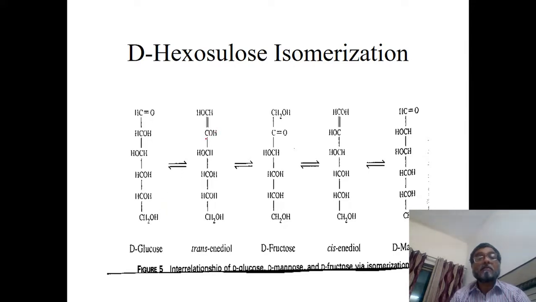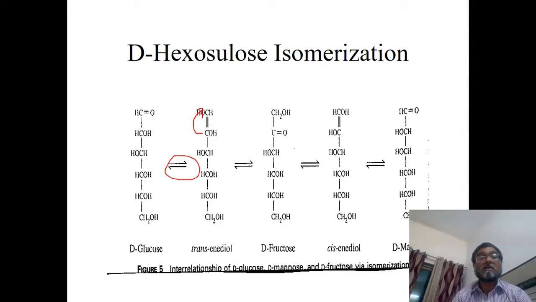The hydrogen from the second carbon is transferring onto the first. So that is making the trans-enediol. And you can see here, this is a reaction that is reversible.